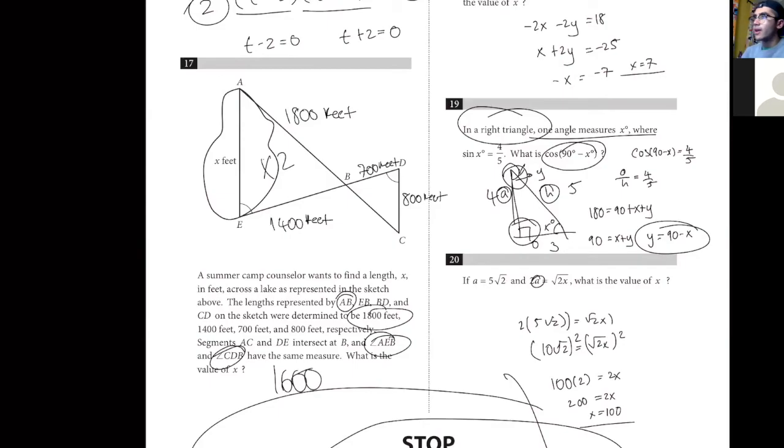And if we know that EB is scaled by a proportion of 2, that means DC and AE are also scaled by a proportion of 2, right? And now that we have 800 feet here, because this 800 feet is just 800 times 2 on this side, then in that terminology, this will become 1,600 feet. All right, hope you got that.